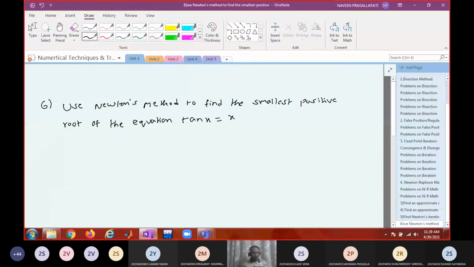You're asked to find out this smallest positive root. How do you do that? Tell me.